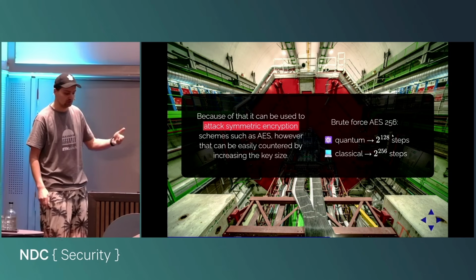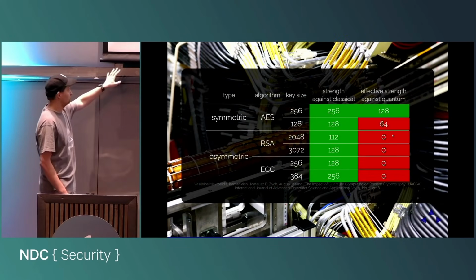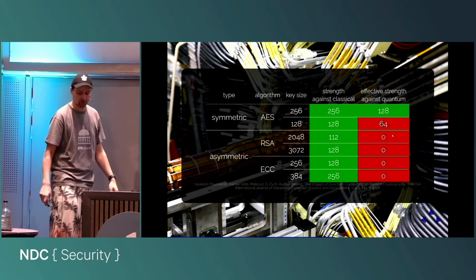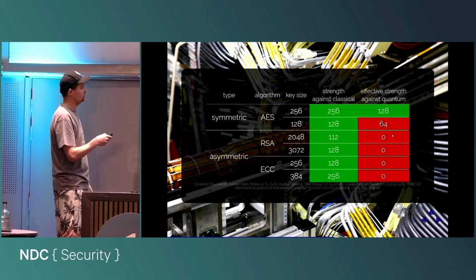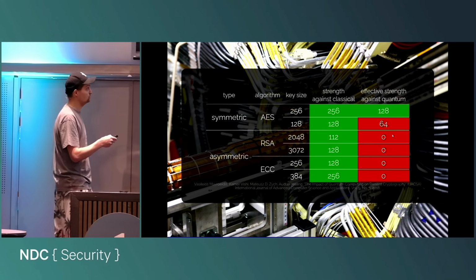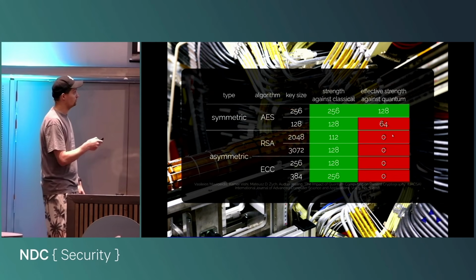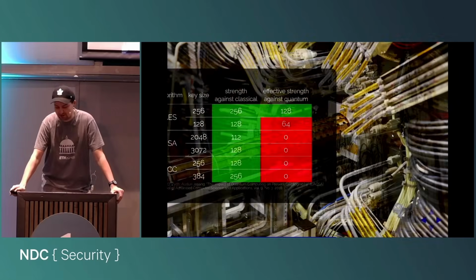So we are not really worried because we can easily offset this. And this is basically the full picture, right? So with AES, AES 128 should no longer be used. And AES 256 should be considered to be as strong against quantum computers as AES 128 was against classical computers. And then for RSA and elliptic curve cryptography, basically nothing works anymore.